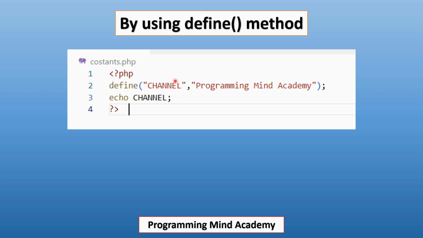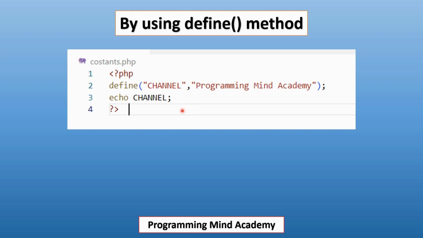In double inverted commas we have defined one constant, the name is channel, and then we gave one comma, and in double inverted commas we have added the value in the constant, which is Programming Mind Academy, and we are using echo here to print the value inside the constant. So this is how we can use the define keyword to define a constant in PHP programming.